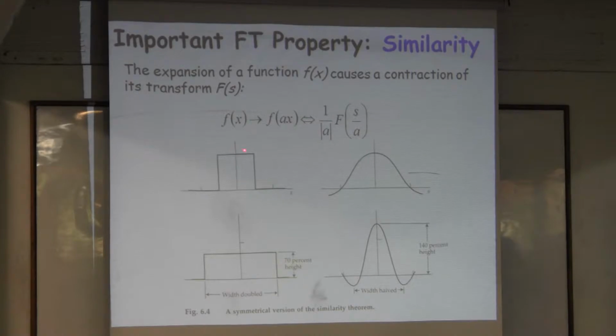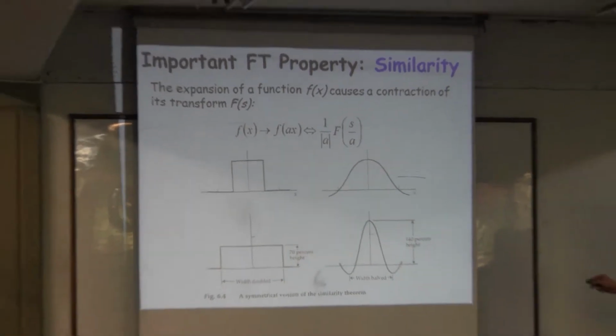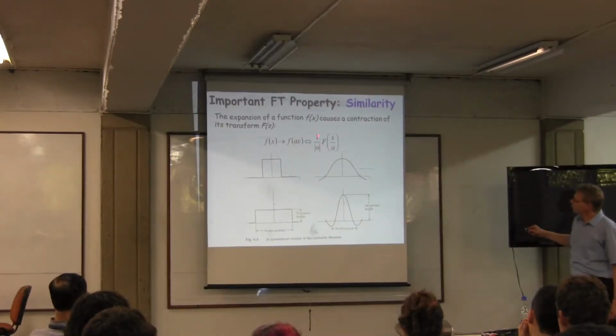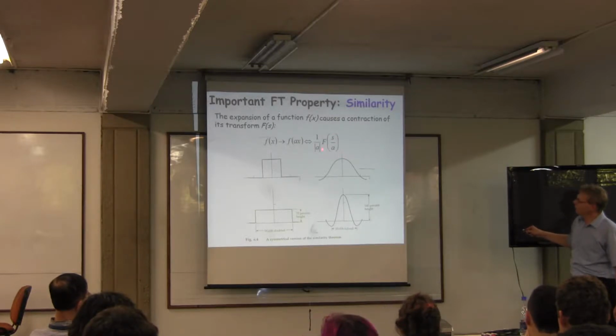Okay. Now we double the width of our box. So instead of f of x, we just broaden the function here. Well, if we double it, obviously a is 2. And then the Fourier transform will also change its shape.